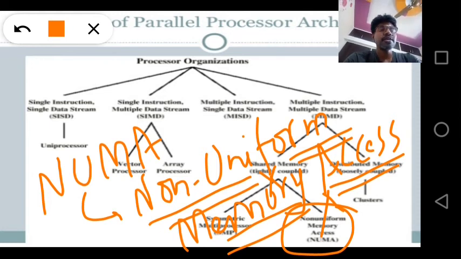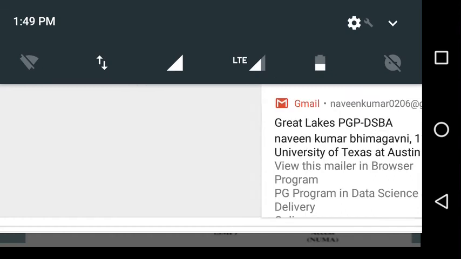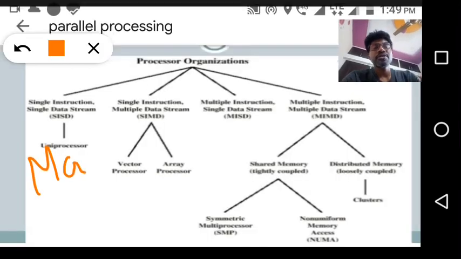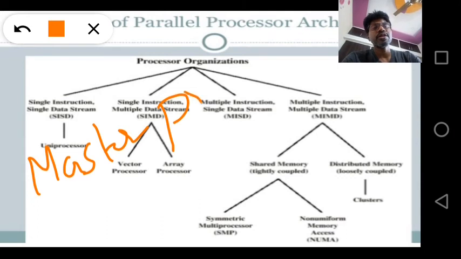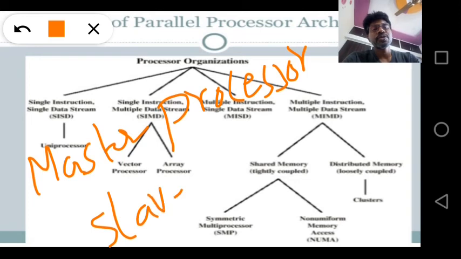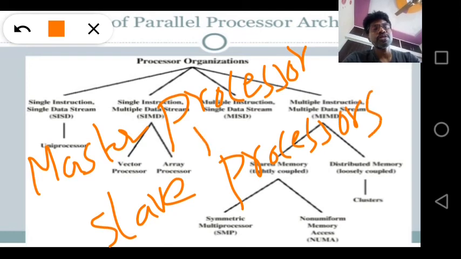Processors have priorities. There is one processor which is declared as the master processor, and there are some slave processors. This master processor has control over the shared memory. All the slave processors have to request the master processor for gaining access to the system bus and memory. This is called NUMA, non-uniform memory access.